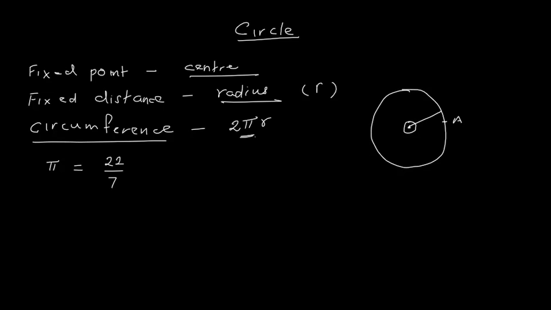So whenever in your problem the radius is a multiple of 7, or there is anything which comes in a multiple of 7, there the value of pi as 22 upon 7 is useful. In other cases, we can take the value of pi as 3.14. Moreover, when you solve the problem, in the problem itself they mention what value of pi you have to take.